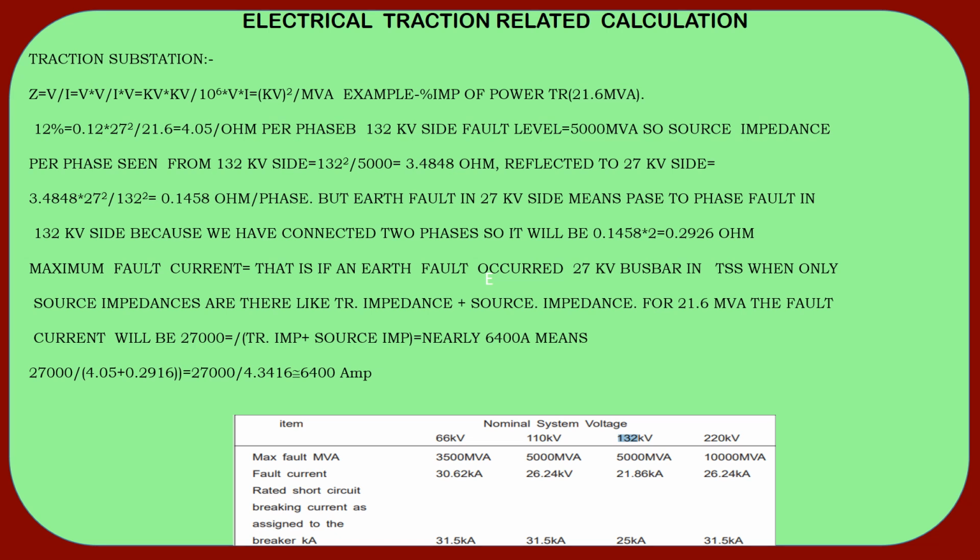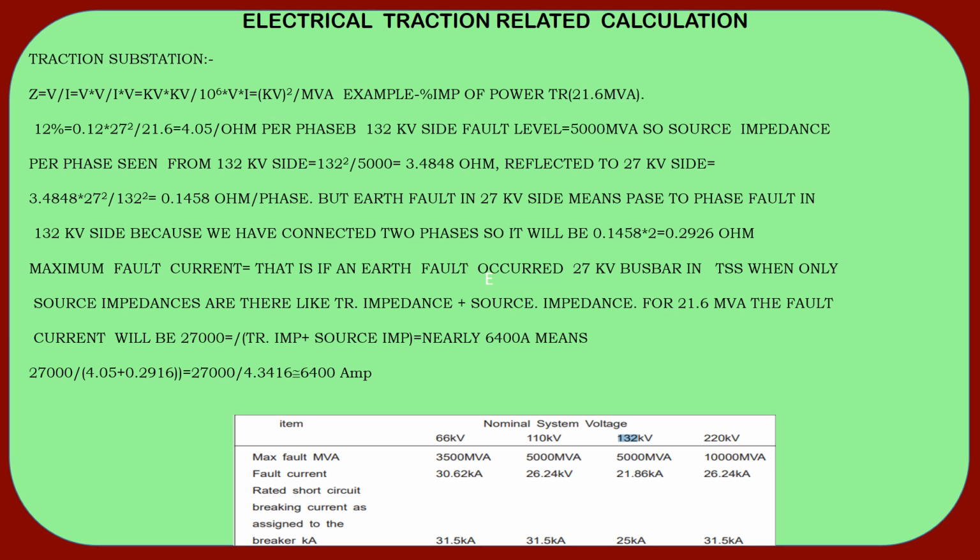To find this out, only two impedances will be there. One is the source impedance, meaning the impedance acting on the 132 kV side from the source, because our 132 kV circuit extends up to the grid transformer output side.